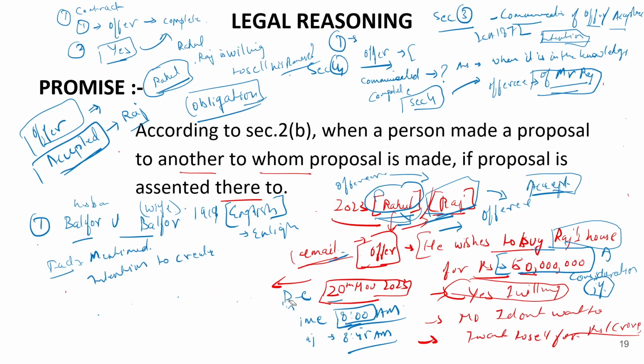But after a certain period of time, he never made that payment, and Mrs. Balfour sued him, obviously. But since there was no intention, it was neither written nor communicated with that particular intention. So the court observed that this is not enforceable because there was no legal intention to come into contractual relations.